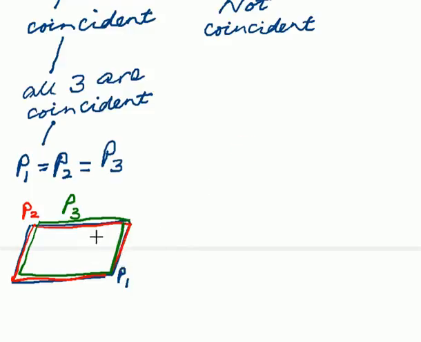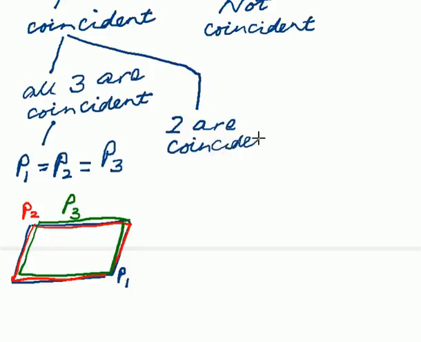Now, alternatively, what may happen is that only two planes are coincident. Now, if two planes are coincident, what are the possibilities? This we say is situation 1.